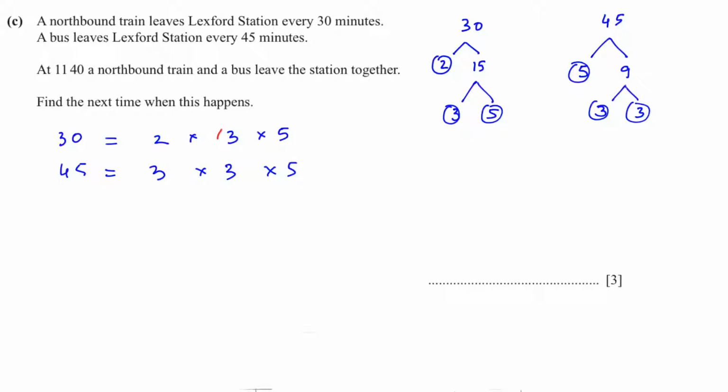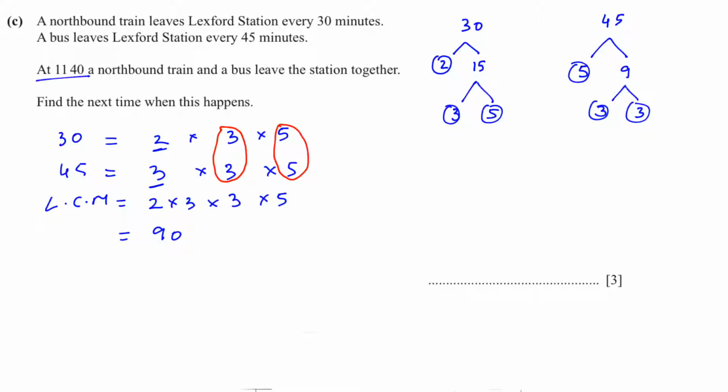The same numbers, circle them and think of it as one number. So the lowest common multiple is 2 multiplied by 3, this 2 multiplied by this 3, multiplied by 3, multiplied by 5. We'll get 90. The bus leaves at 11:40.